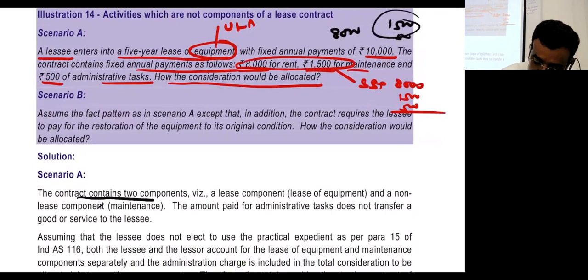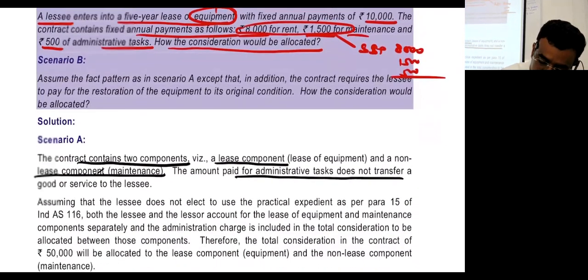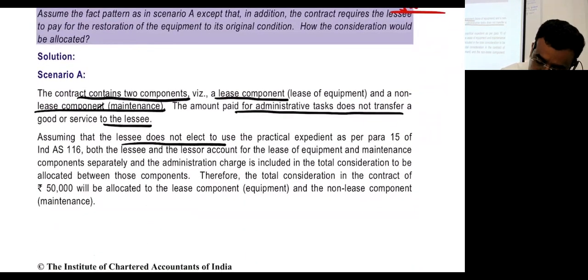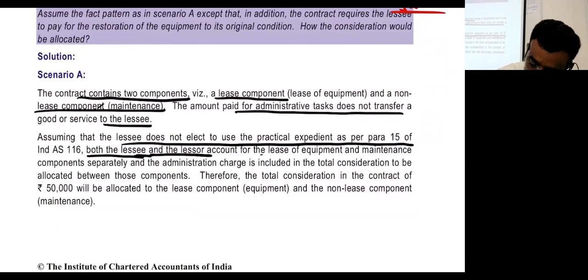It contains two components, one lease component, another non-lease component. The amount paid for administrative tasks does not transfer goods or service of the lease. Assuming the lessee does not elect to use the practical expedient as per paragraph 15, both the lessee and lessor account for the lease equipment and maintenance components separately.